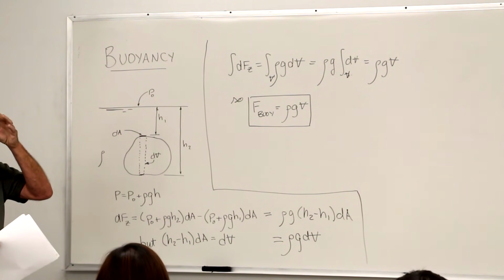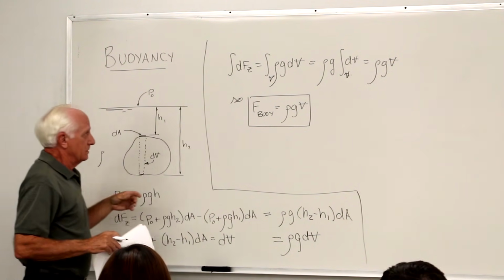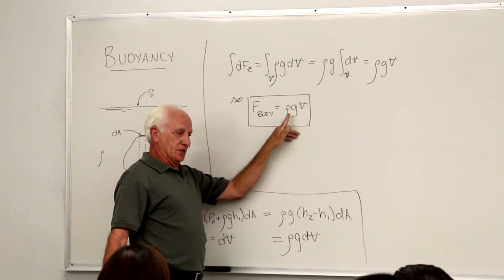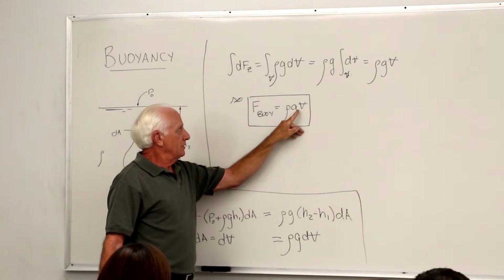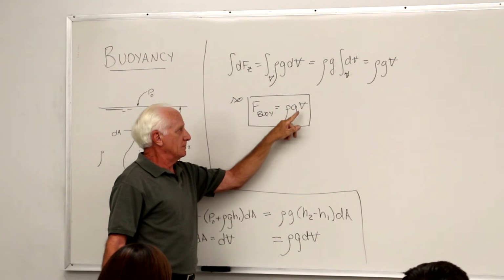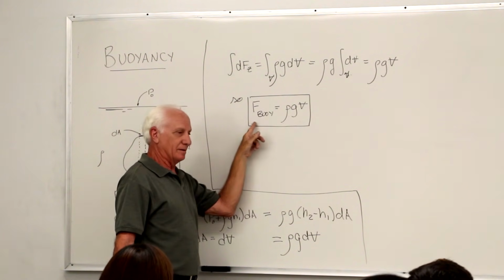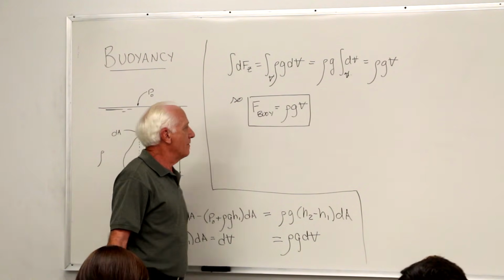Gamma. What's gamma? Newtons per cubic meter. What's V? Cubic meters, newtons per cubic meter, times cubic meters, newtons. Yeah, that's the force, newtons.